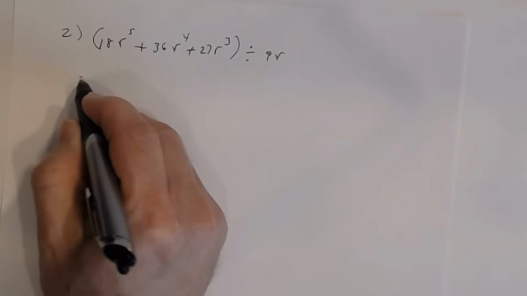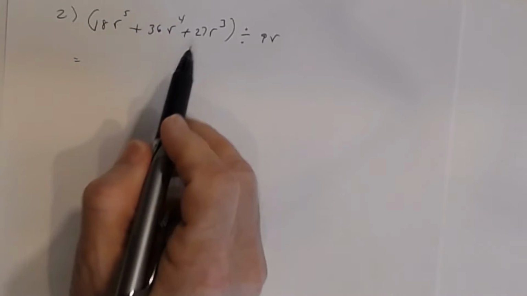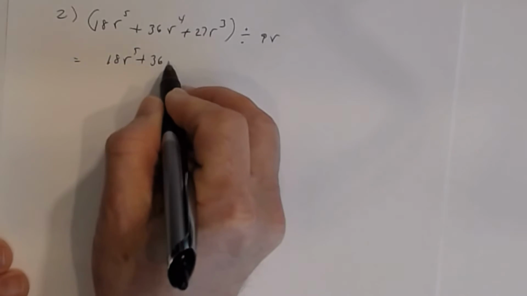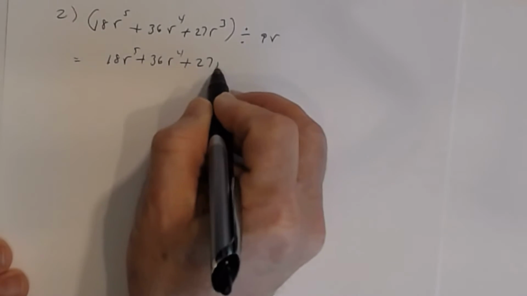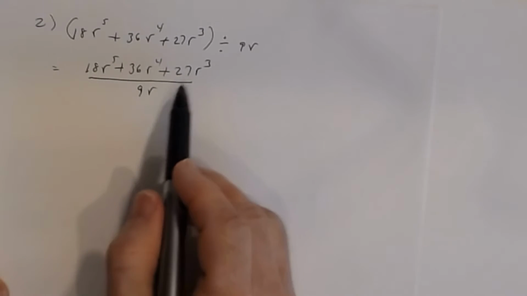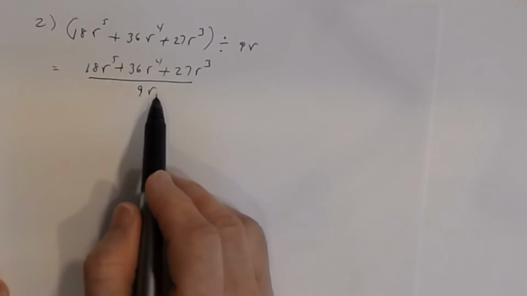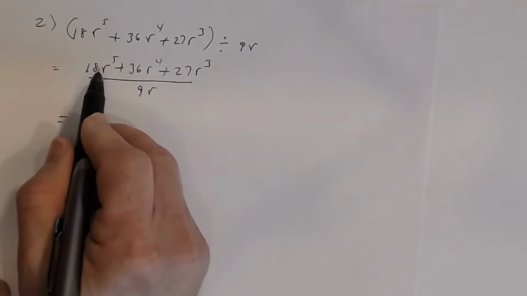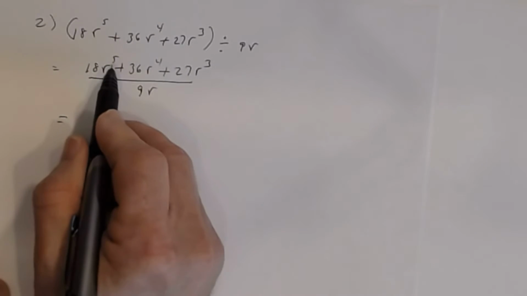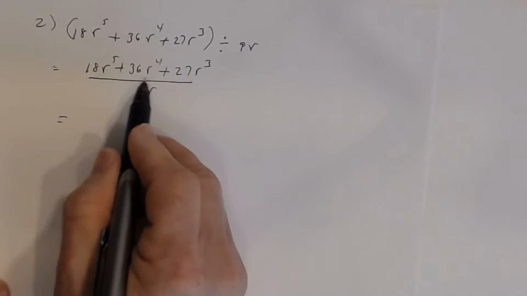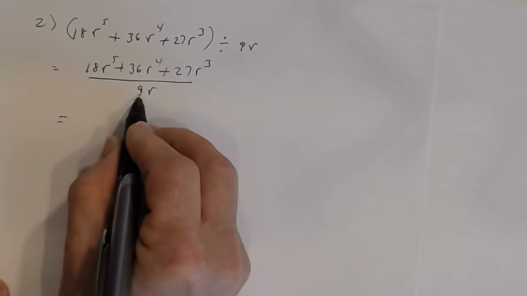So let's do that. This is going to be your numerator. So that's going to equal 18r to the 5th plus 36r to the 4th plus 27r cubed, all divided by 9r. Now notice I have a polynomial divided by a monomial. So since this is a monomial, I can rewrite this as each term, and there are 3, divided by this monomial, the denominator.